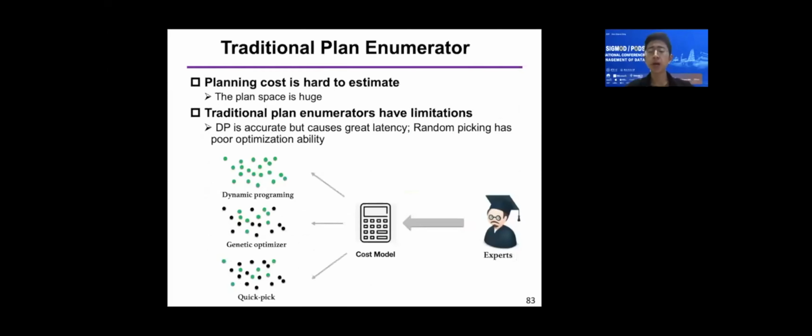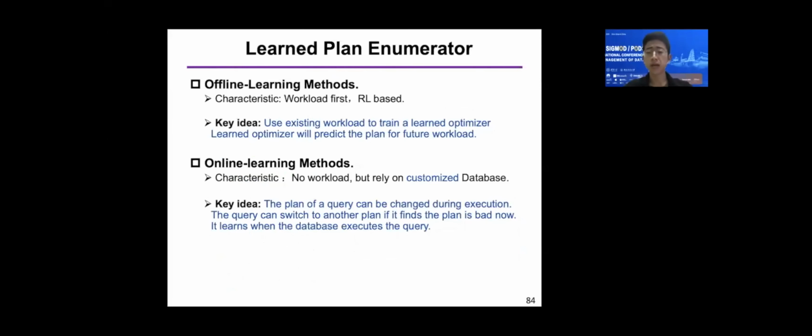Next, I see the plan enumerator. Traditional optimizers just rely on heuristics or dynamic programming to select high-quality query plans, like operator selection and join order selection. However, the plan space is very large. A traditional optimizer cannot give a very high-performance plan within limited time. So there are two kinds of learning-based join order selection methods.